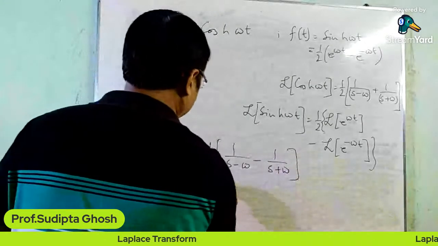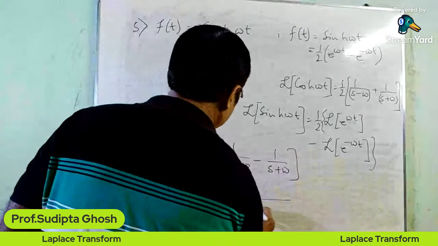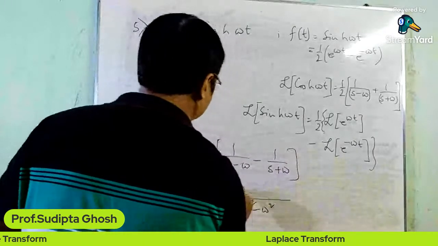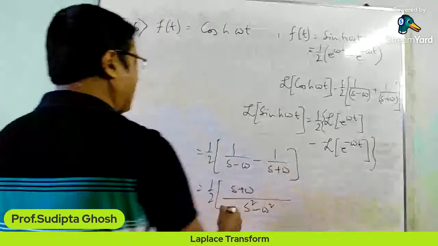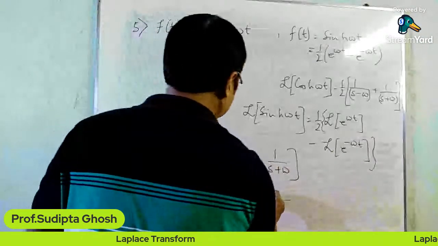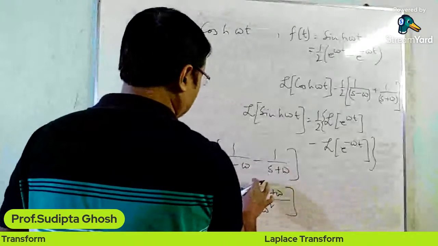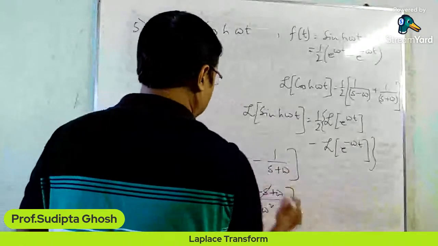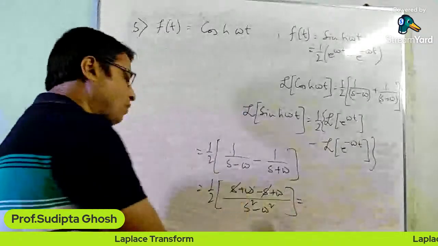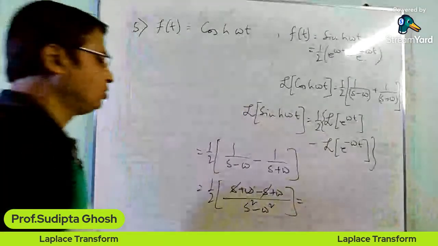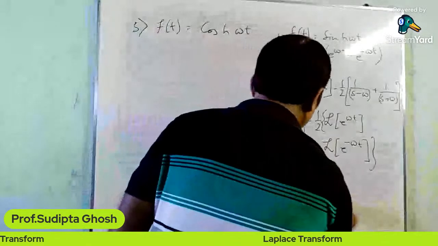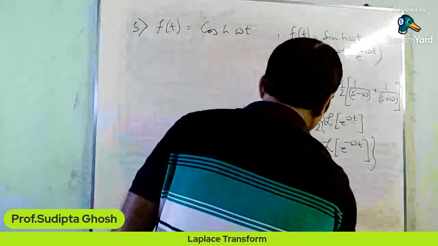Simplifying this, you have s square minus omega square in the denominator, and in the numerator we have s plus omega minus s plus omega, and this s cancels, we have twice omega by half, so it is omega by s square minus omega square.